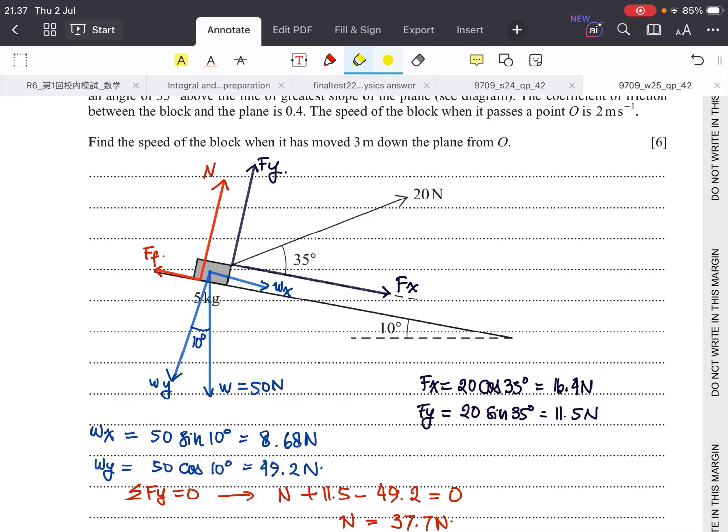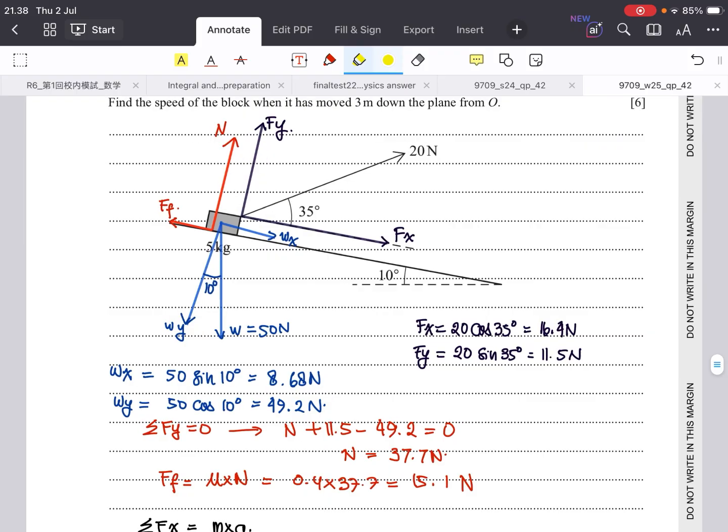The next step is to find the normal contact force between the block and the plane. For finding normal contact force, we use the condition that in y direction, the forces are balanced. So the net force in y direction is equal to 0.